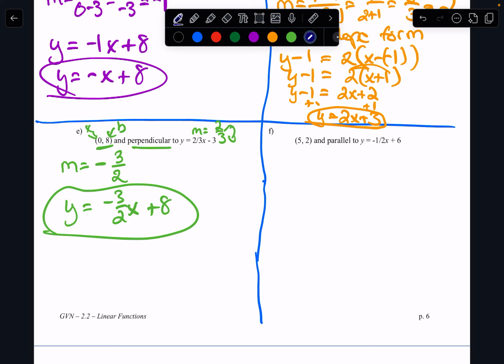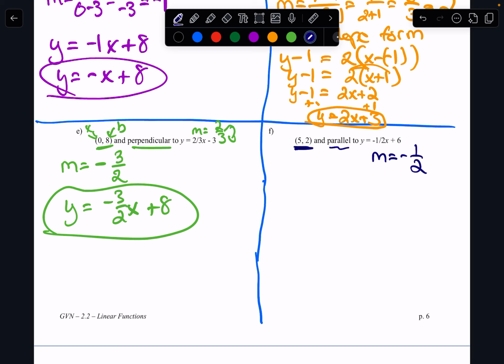Okay, one more. So we have the point 5, 2 and it's parallel to y equals negative half x plus 6. So this slope is negative half. Now, it's parallel, so the slope has to be the same.